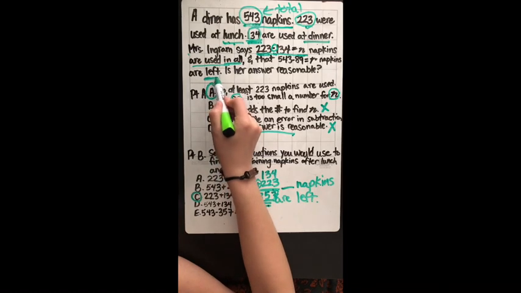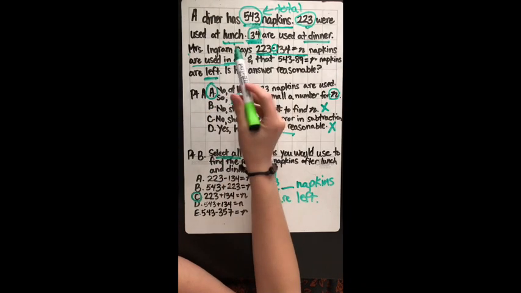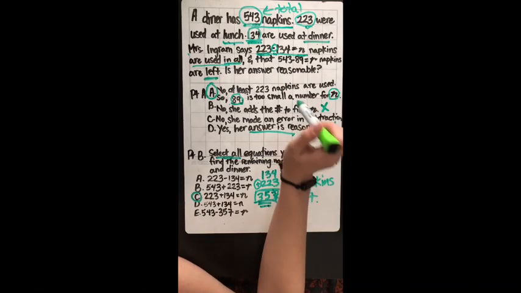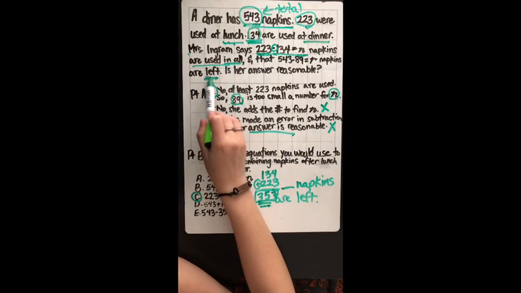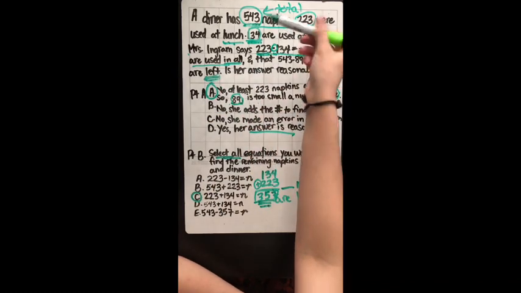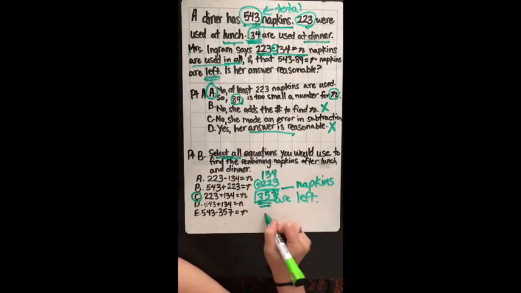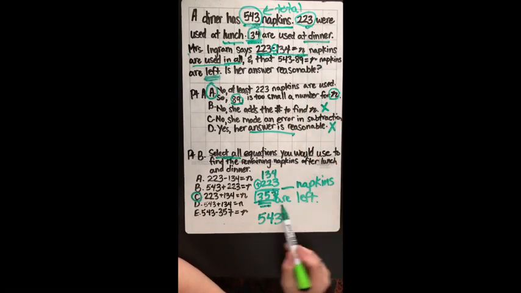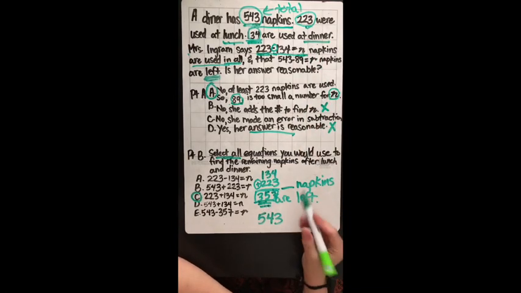So what operation will help me compare two numbers to find the difference? Subtraction. If I'm ever figuring out how much is left, we're probably subtracting. So I know that my total, 543, would need to be subtracted from my n number of napkins, which we solved for: 357.